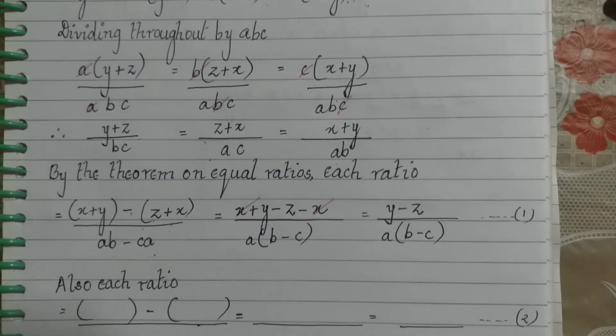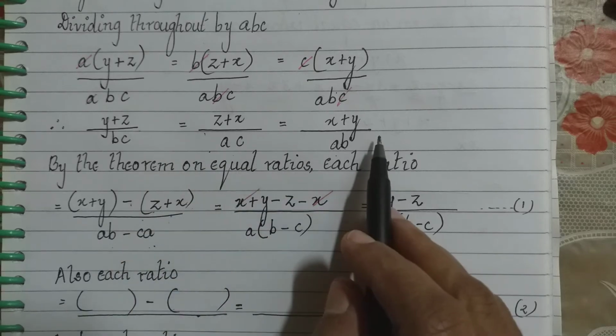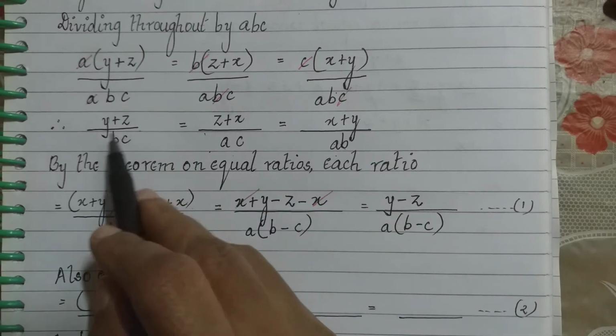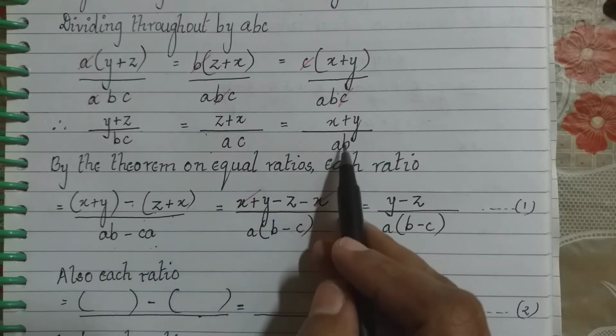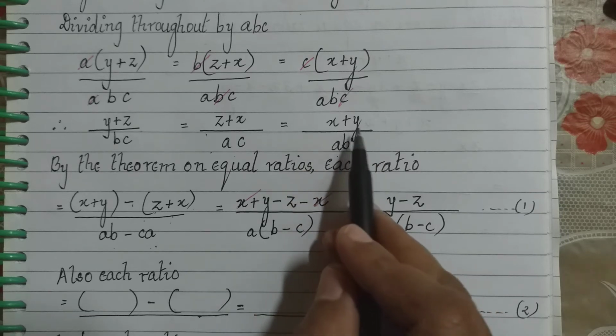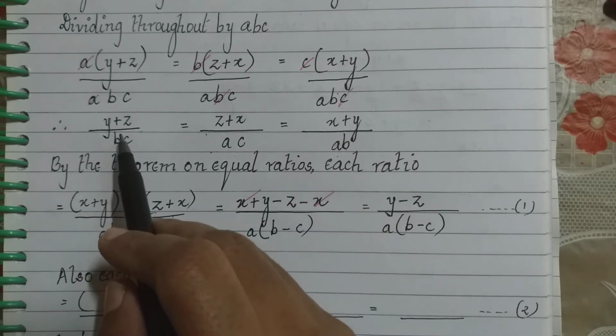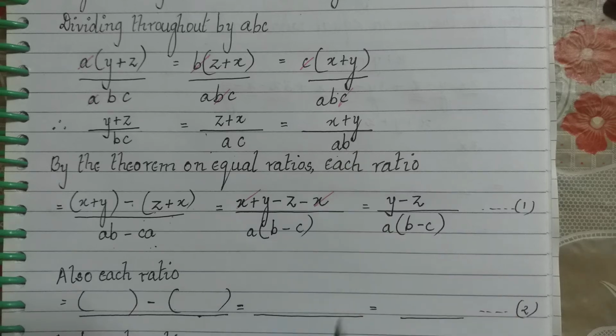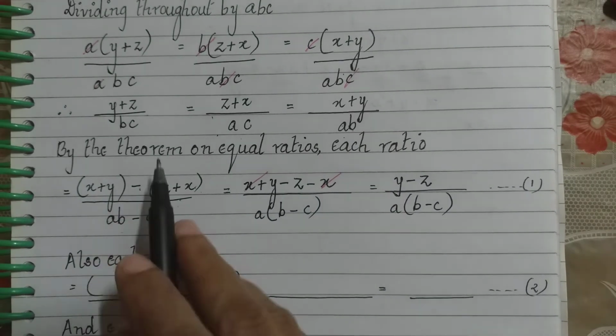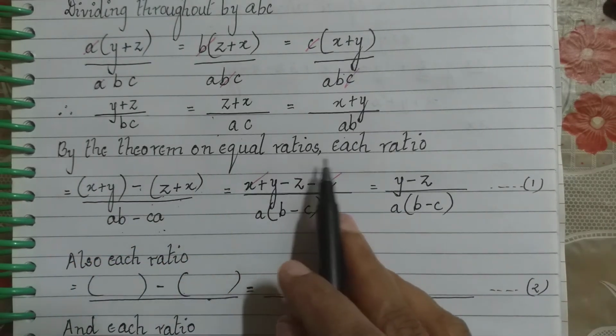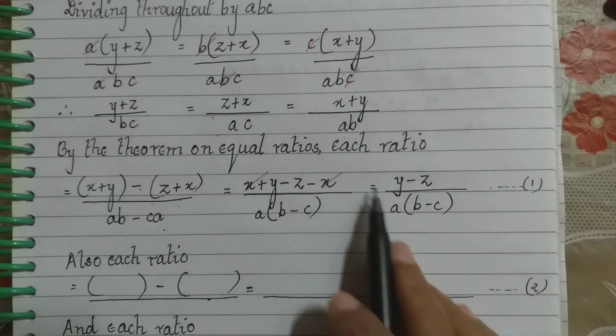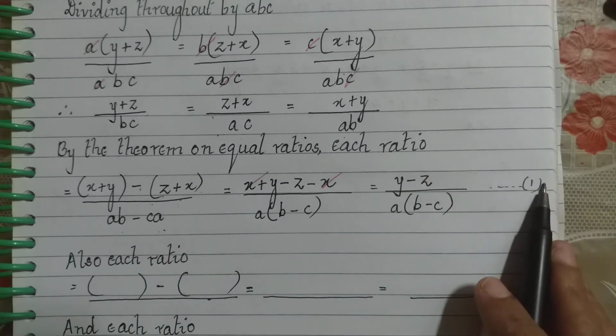How will I get bc minus ba looking at these three ratios? bc is this denominator, ba is this denominator, so it is this term minus this. So again we write, now once you write by the theorem on equal ratios, each ratio equal to, and we number this as 1.